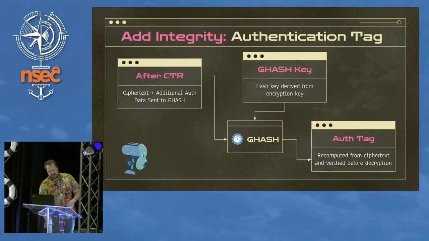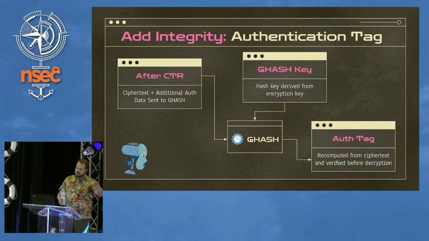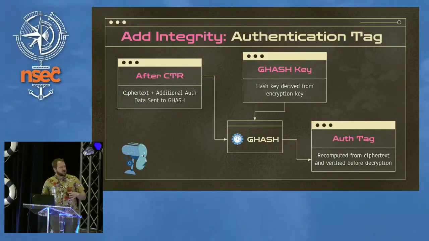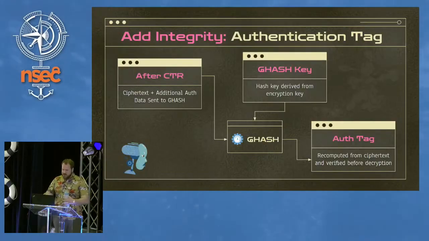We have an integrity check that will be done with the authentication tag. So after CTR has been done, we have a ciphertext, additional auth data, whatever, and it's sent to the GHASH function. This GHASH function derives a key from the secret key, the encryption key. So it derives the key, uses that key, puts the whole thing in GHASH, and we get an authentication tag.